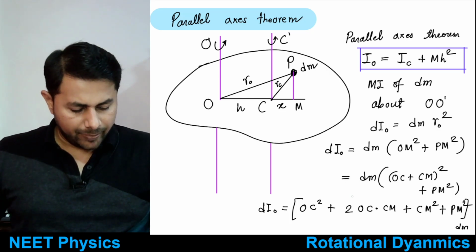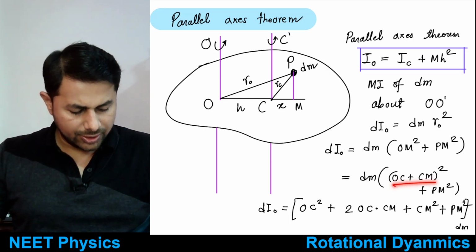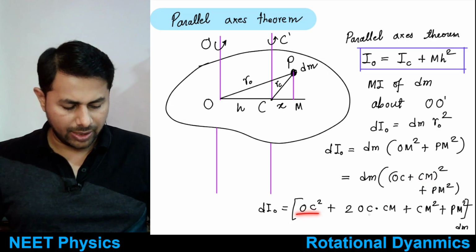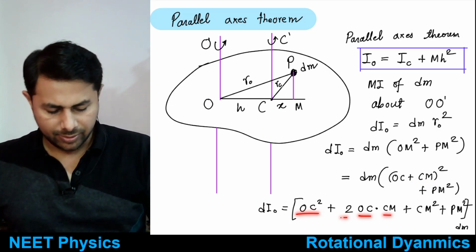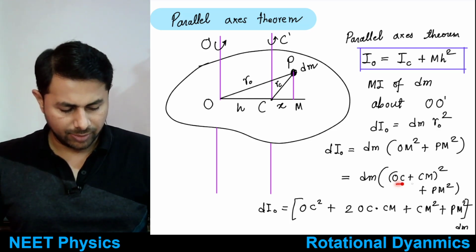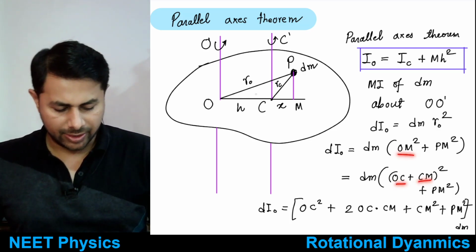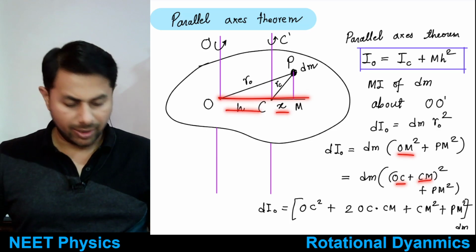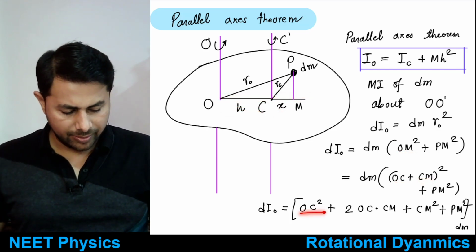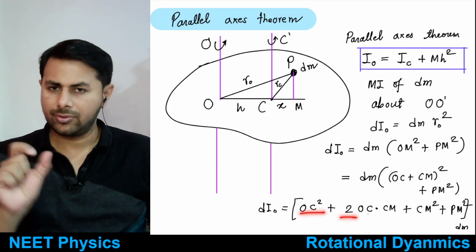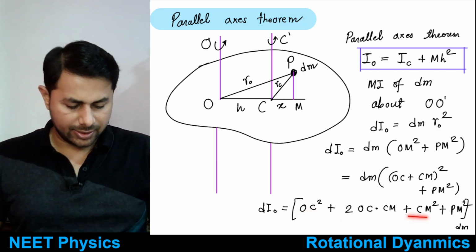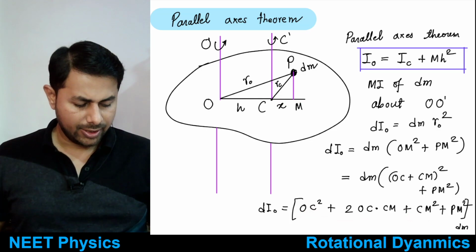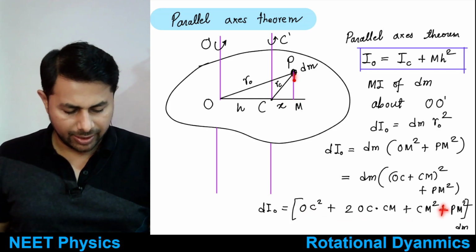Now you just expand this. OM square is OC plus CM square, so that is OC square plus 2 times OC into CM plus CM square, right? And then you have plus PM square.